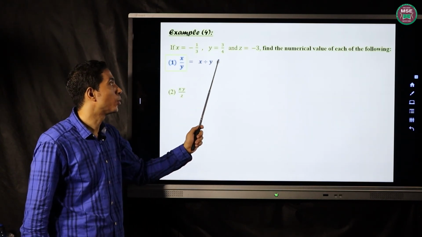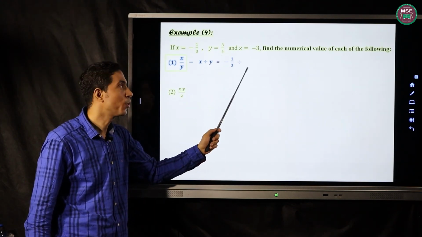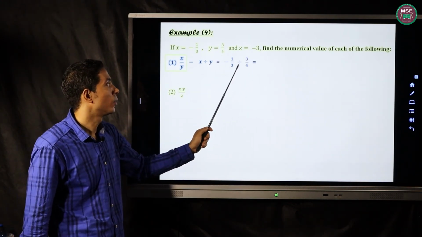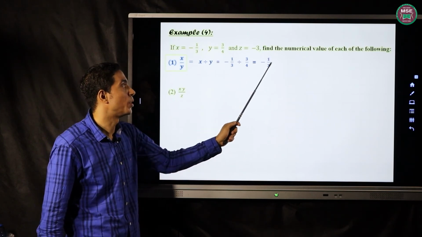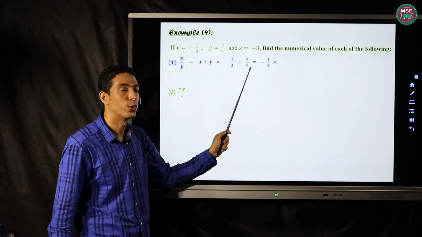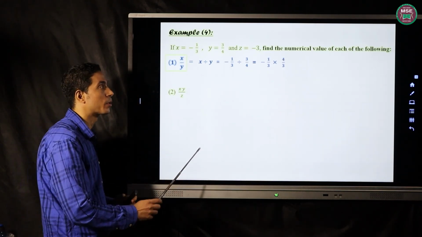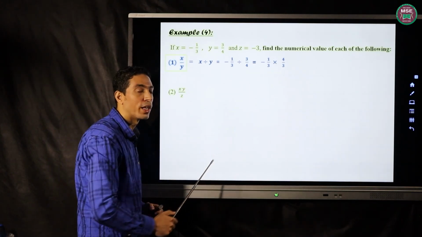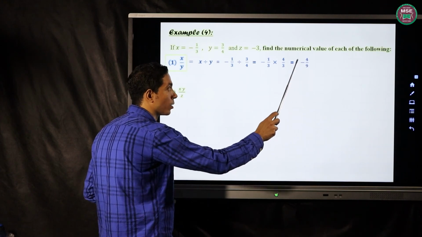X equals negative 1 over 3 divided by y equals 3 over 4, which equals negative 1 over 3, the same, division becomes multiplication, and 3 over 4 becomes 4 over 3. We take the multiplicative inverse. Negative 1 times 4 will equal negative 4, and 3 times 3 will equal 9.